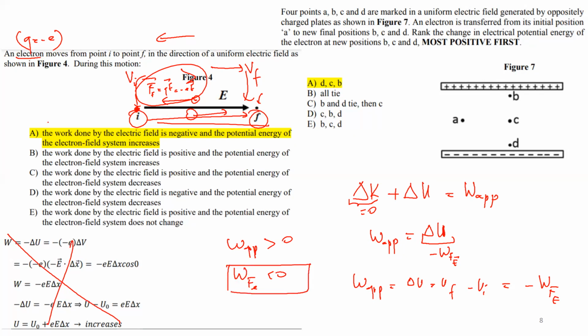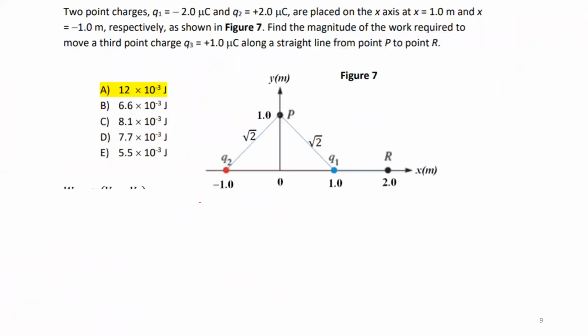Now, what about the potential energy of the electron field system? If work applied is positive, that means U final minus U initial, which is delta U, is positive, meaning U final is bigger than U initial. So it increases. So this is the right answer. You can check, all the rest are wrong.